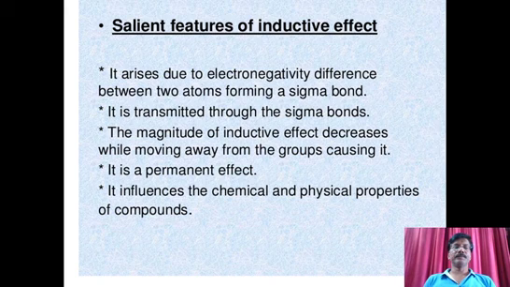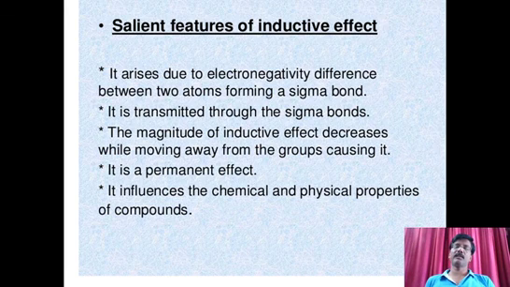Already we have seen and explained this. It is due to electronegativity difference, and it is only possible in sigma electrons. The magnitude of the inductive effect decreases while moving away from the group which is causing this effect, and if you go far away, the inductive effect will be very, very less.